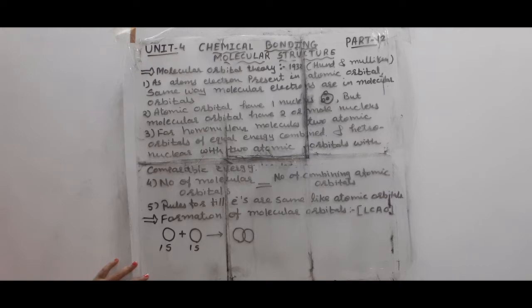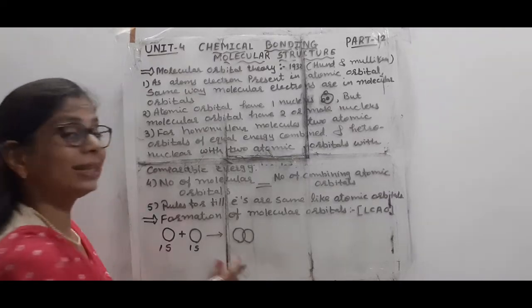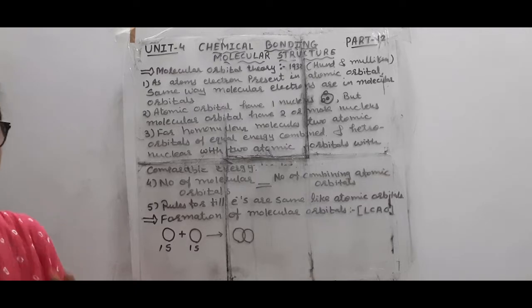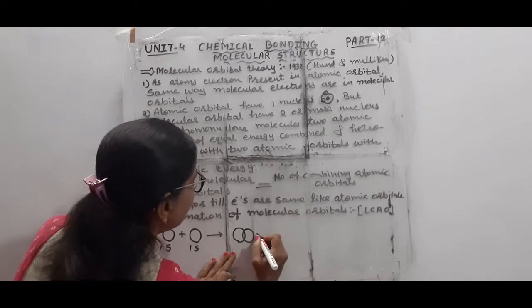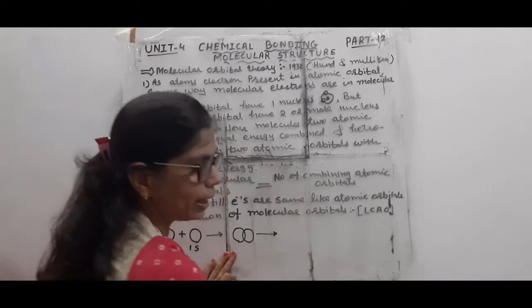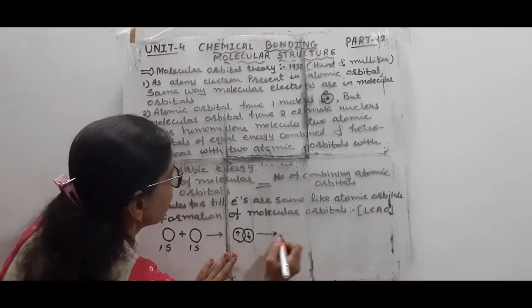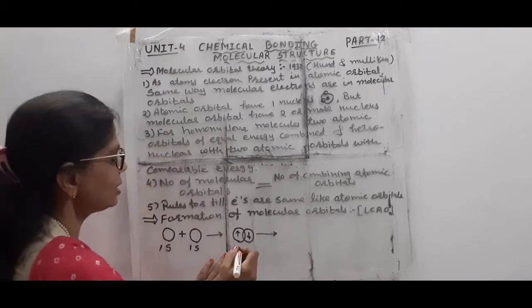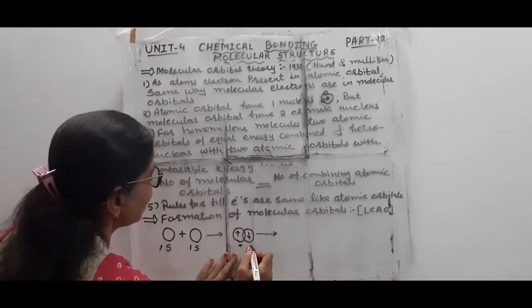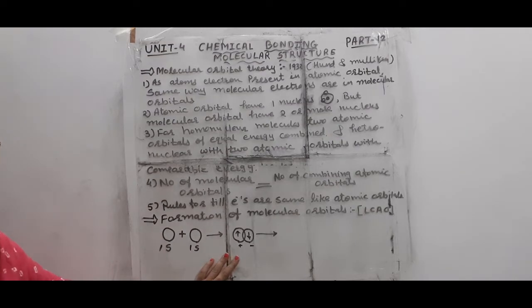But when the molecular orbital overlapping occurs, first, as I said, bonding. So when this bonding atomic orbital overlapping occurs, here, you can say that one is a plus and another one is a minus.